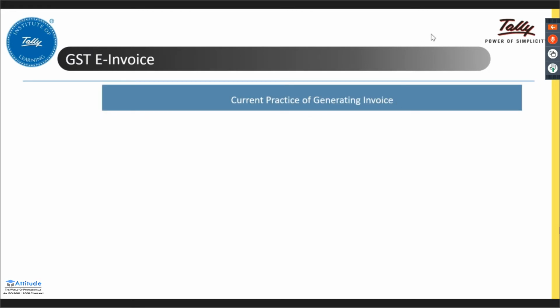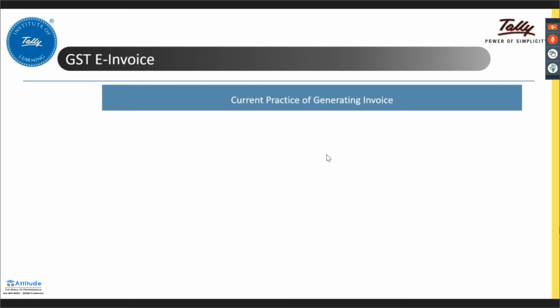So to make you understand the difference between the current practice of generating a manual tax invoice and the implementation of the e-invoice for GST, I'll try to explain its importance.